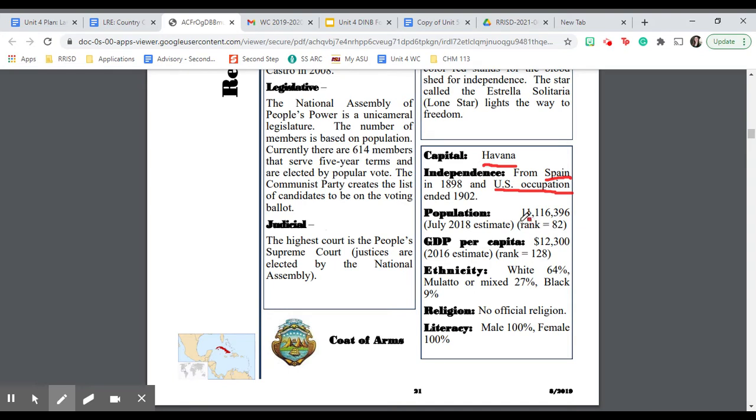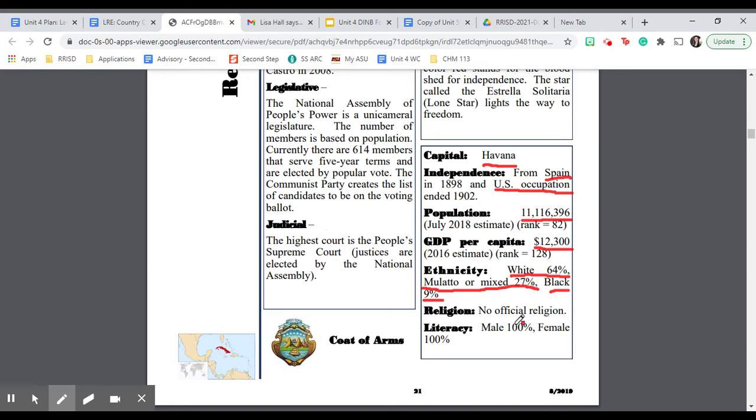Population of Cuba is found right here. That's about a July 2018 estimate, so they're ranked number 82 in population. Their GDP per capita is listed right here. That's based on a 2016 estimate. And their ethnicities, we have about 64% white, 27% mulatto or mixed, and about 9% black.